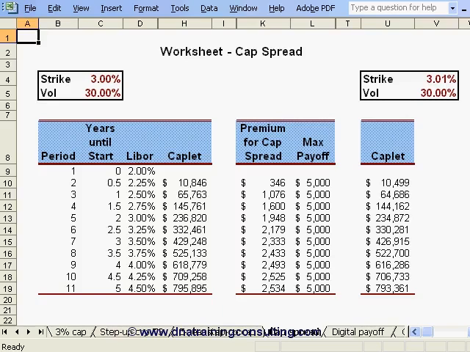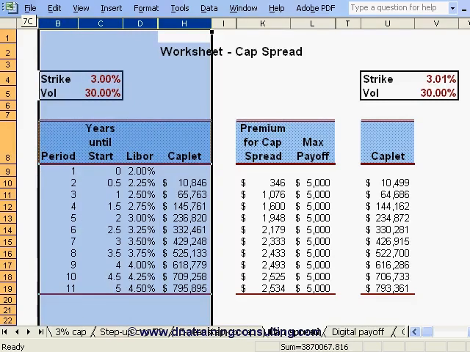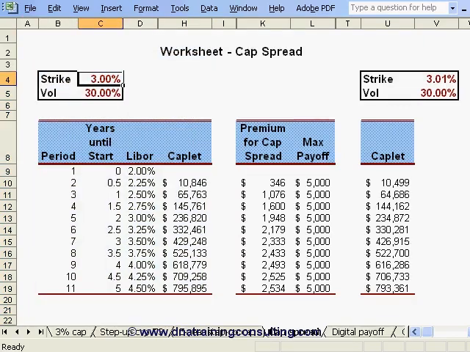On this worksheet, everything to the left of column I is identical to what you saw before. We are still pricing 3% caplets, assuming a 30% vol.